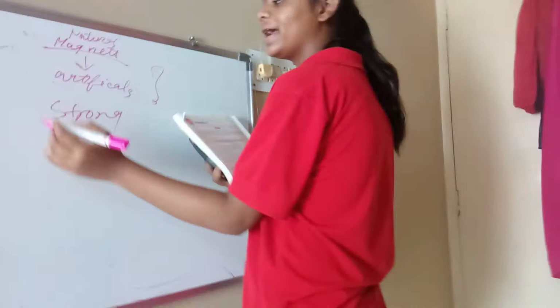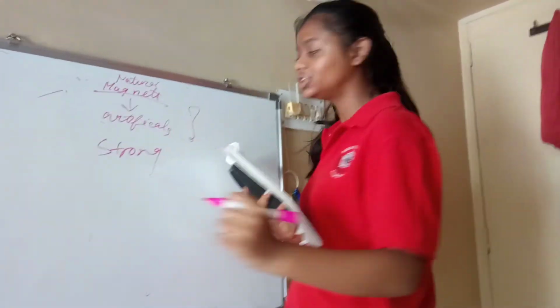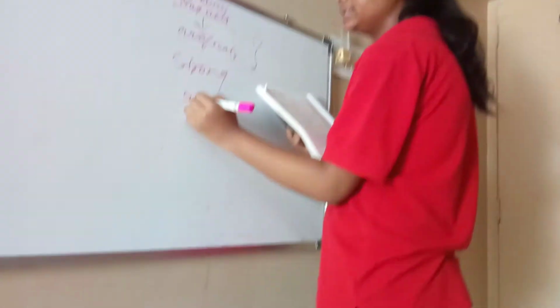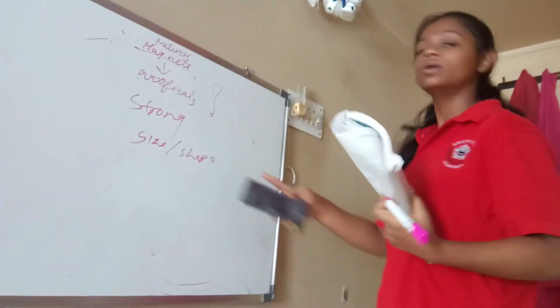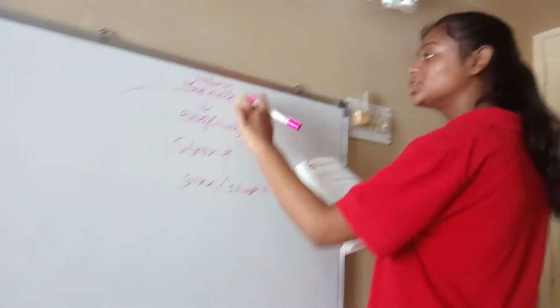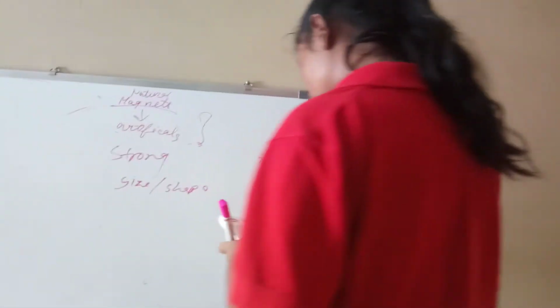Why? Because artificial magnets were very strong and we could get artificial magnets in convenient sizes and shapes. So these two are the only reasons why natural magnets have been replaced by artificial magnets these days.